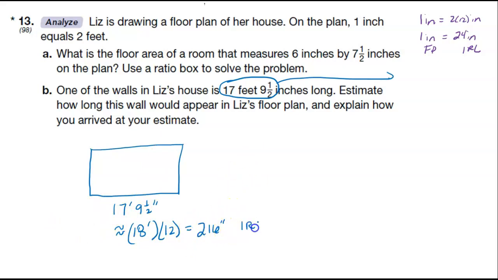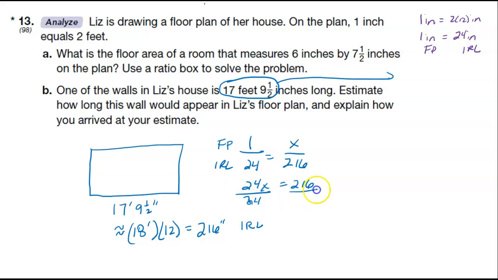So this is IRL. So on the floor plan, if it's 1 to 24, floor plan to IRL, and in real life it's 216, and we don't know what that is, then we're going to divide 216 by 24 to see how long it is on the floor plan. It's 9 inches on the floor plan.